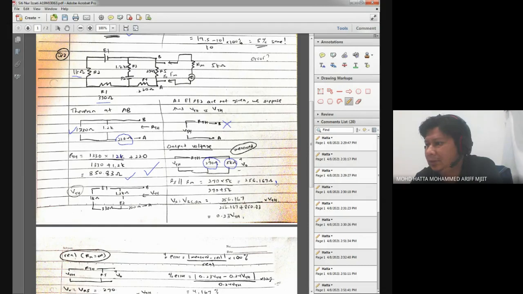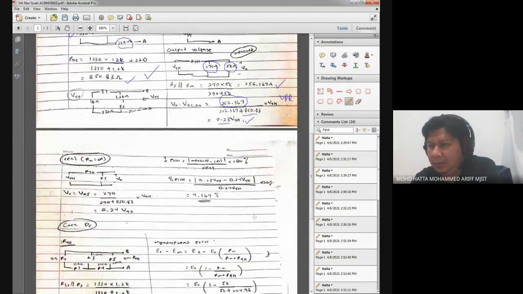I believe this calculation should be correct. I hope. And later on, from here, you use this 255. Okay, you use the voltage divider rule over here, right? This is the voltage divider rule. I don't know the correct answer, but I think this should be okay as well.